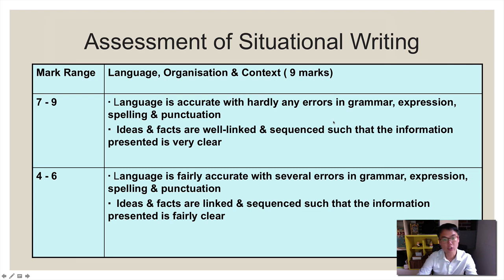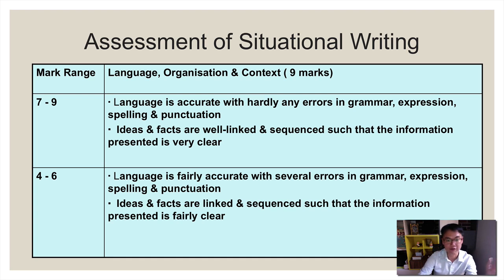Next, language. Your paragraphing and your organization of your email will determine how many marks you get for the next section, which is language. In order to get the highest band, we must have accurate language with hardly any errors in grammar, spelling, and punctuation.